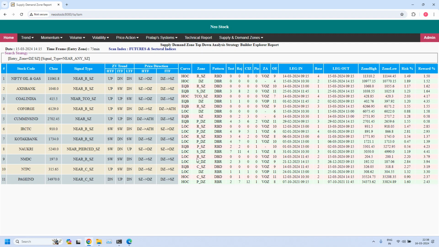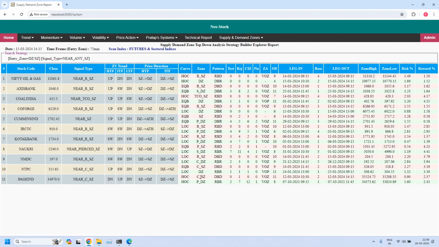So you have one more high liquidity zone, NMDC. This is also a fresh zone. Check the quality of this zone. If the quality is good, then only you have to plan the trade. You have one more stock, NTPC. This is also a high liquidity zone, a fresh zone. You need to check the quality of this zone by fine tuning the zone.